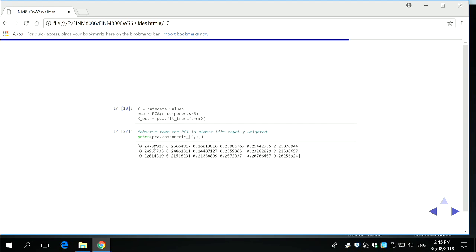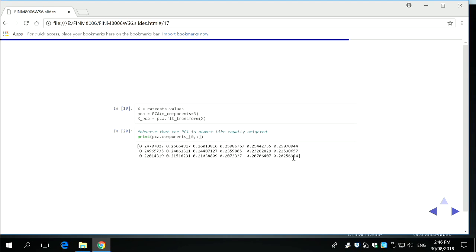Remember, each of the components in the eigenvector is like a weight in your mimicking portfolio, right? So that means if I were to mimic the first vector in this yield structure, I need to put almost equal weight on the different periods of the yields or interest rates.